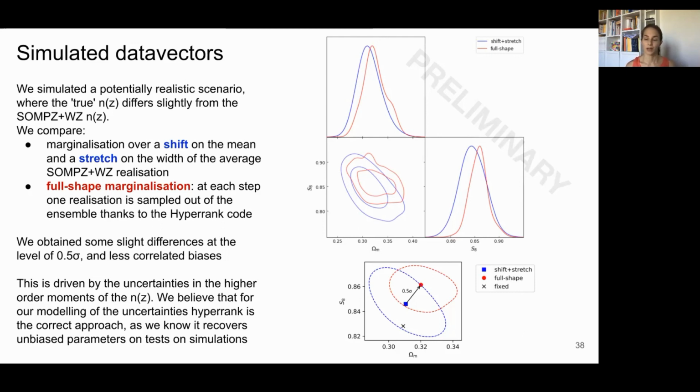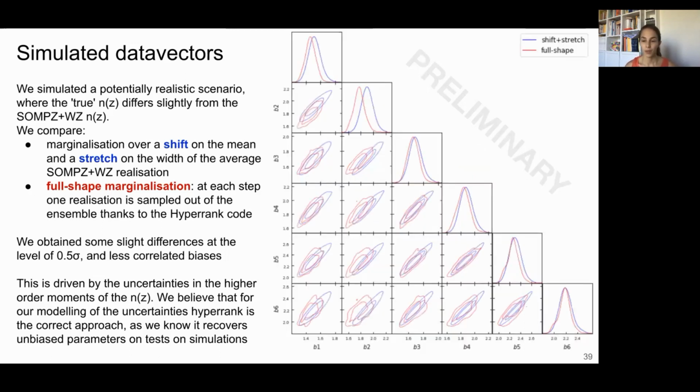We obtain slight differences at the level of 0.5 sigma, and one other maybe more interesting difference is that we found less correlated biases for the full shape marginalization. So since this is the only difference in these chains, we think this must be driven by the way we are accounting for the higher order moments in the N(z)s.